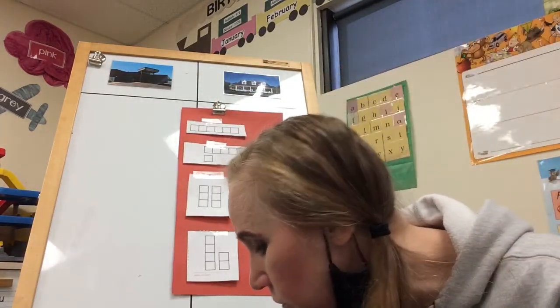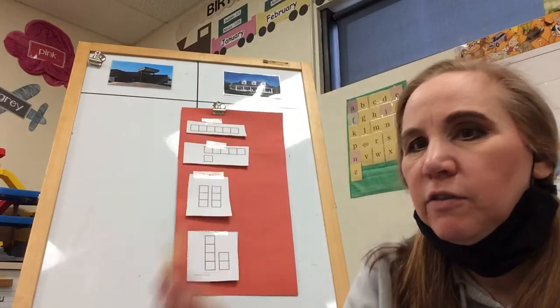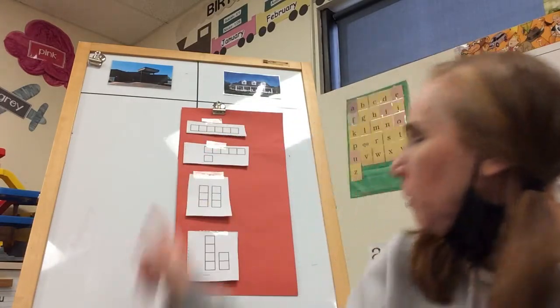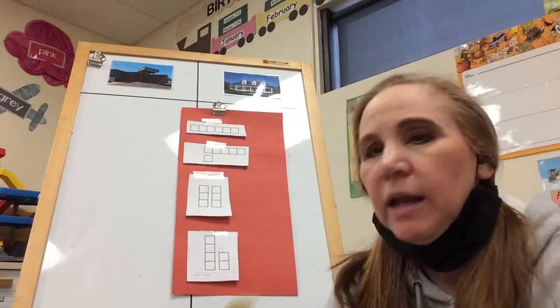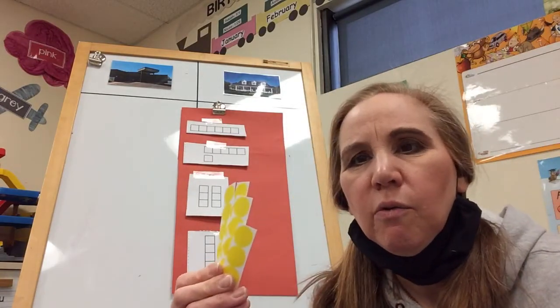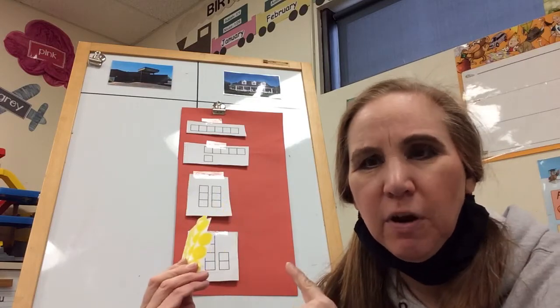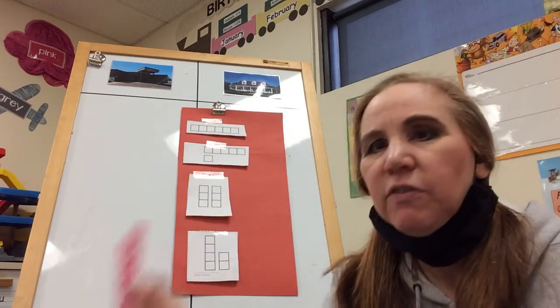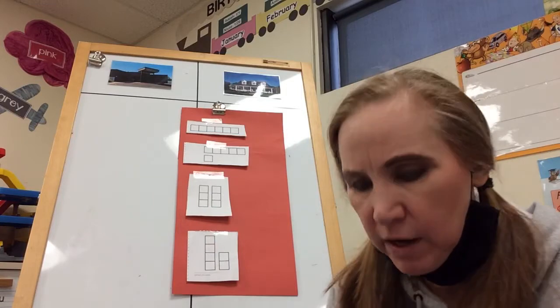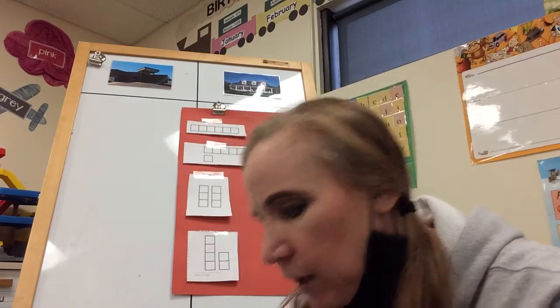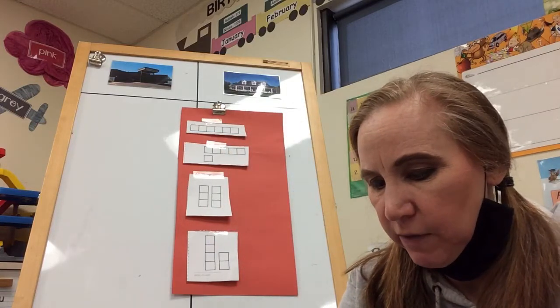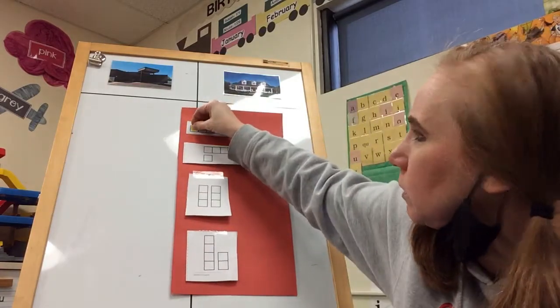All right, so what we're going to do is put our dot stickers in the boxes. And I would like to put yellow in the first group of boxes on the paper and then pink in the second group. All right, so you can copy what I'm doing if you didn't understand that, because maybe I'm not too clear on that.